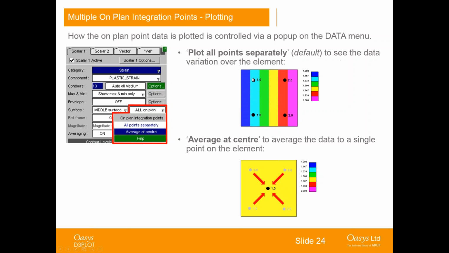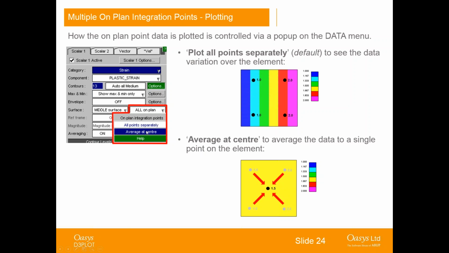So in this example, shown in the middle here with the rainbow colors, the value of each point is just printed as well. On the left-hand side, the 2 points have a value of 1.0, and on the right-hand side, the value is 2.0. This is one shell element, and we can plot all 4 of these integration points on the same shell. So that's very useful.